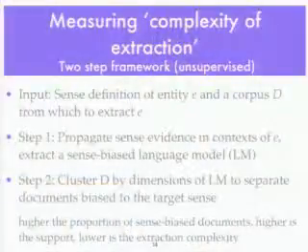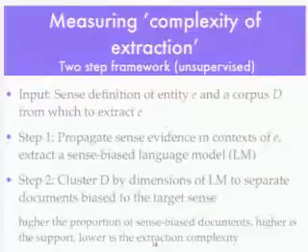So here's the basic idea. The basic idea is to start with a sense definition for the entity that you're interested in extracting, say Star Trek, and a sense definition could be just a group of words that define the sense that this entity occurs in. And to propagate this sense evidence in the contexts that the entity occurs in the corpus that you're interested in extracting this entity from.